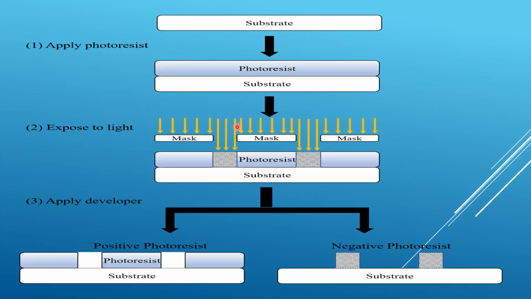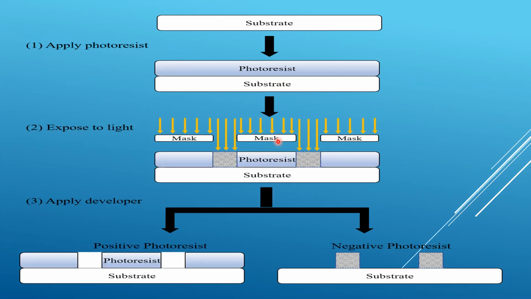This mask is placed between the resist coated substrate and the source of radiation. And this combination of substrate, photoresist and mask is kept in an instrument where the patterning of the mask on the substrate takes place.